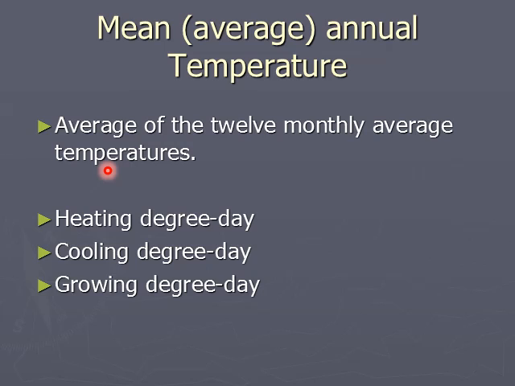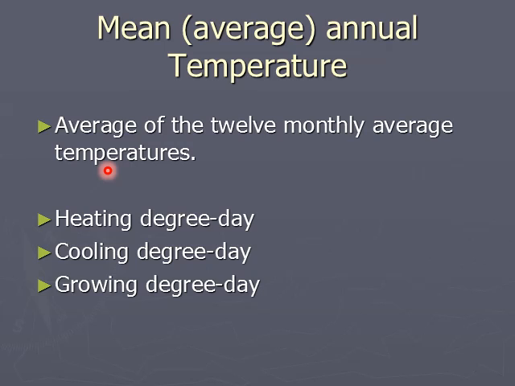If it's a degree below 65 degrees, that's one heating degree day. So depending on how many degrees you're above or below, the number increases. In Indianapolis, we have both need of heating and cooling, and this determines how much insulation you put in your house and how big your heating and cooling systems need to be to keep you comfortable in your home.